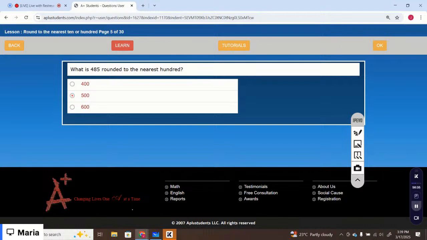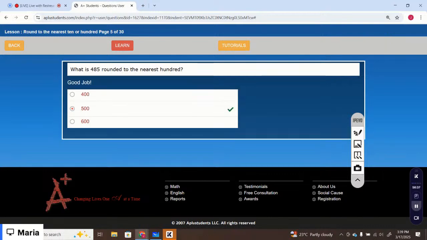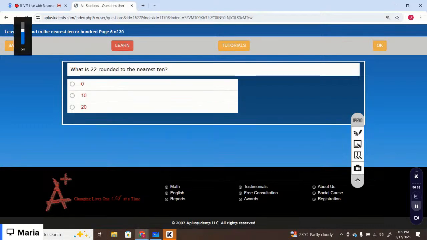Option number 2 is the correct option. What is 22 rounded to the nearest 10? So 22 is rounded to 20. Option number 3 is the correct option.